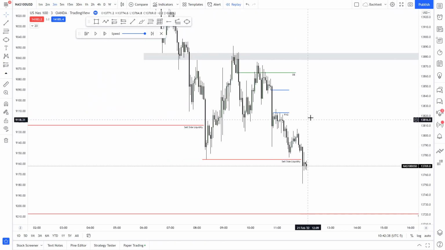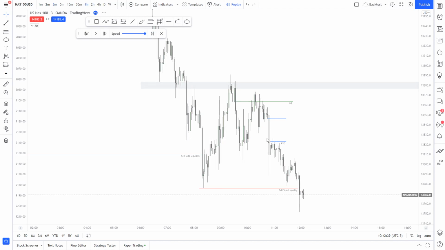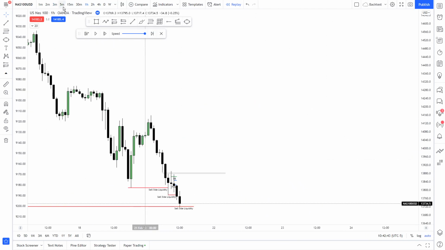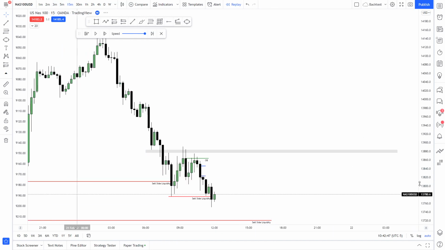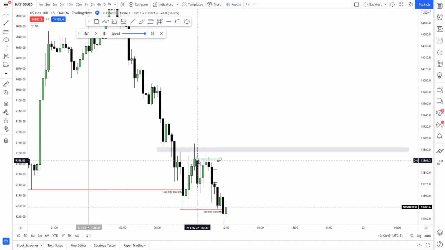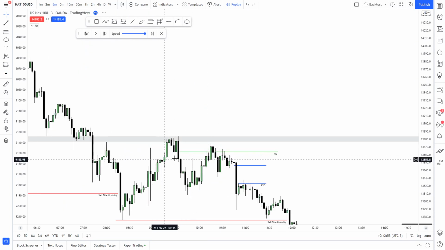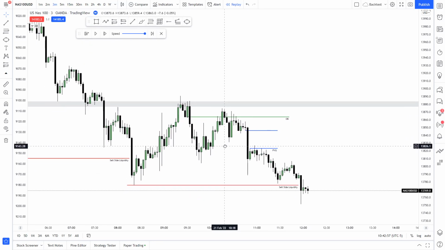So let me quickly just go over all of that. So what happened? I marked out the 1 hour FVG right here. Then I went to the 15-minute. There was a 15-minute order block. So this 15-minute order block, I went down to the 3-minute and I refined it when it came up into here.